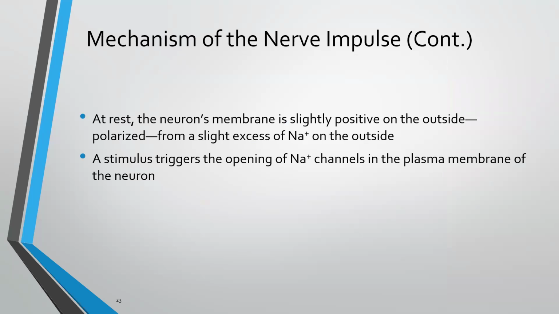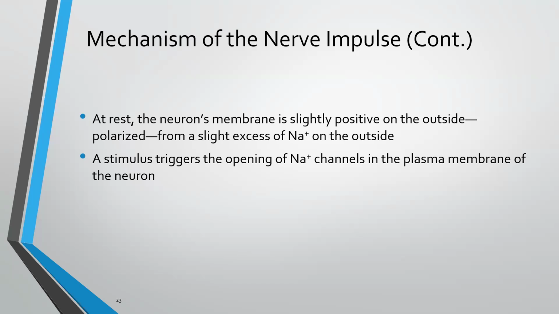All right, so mechanisms of the nerve impulse. When your nerves are at rest, your neuron's membrane is slightly positive on the outside, which means it's polarized, from a slight excess of sodium on the outside of the neuron.